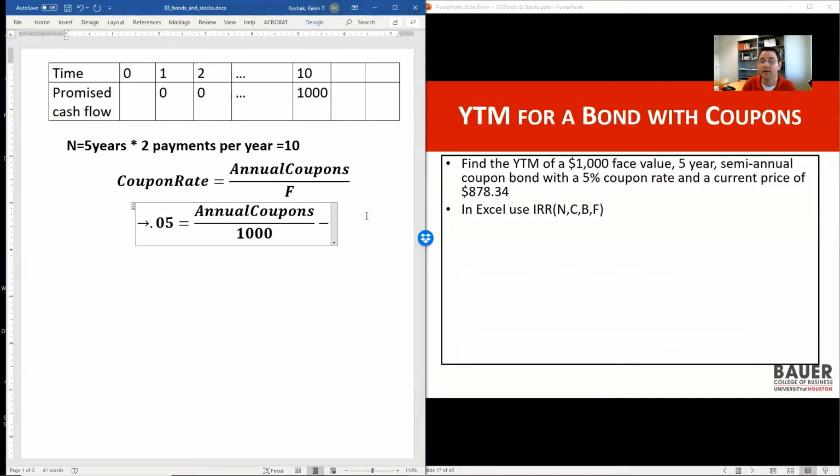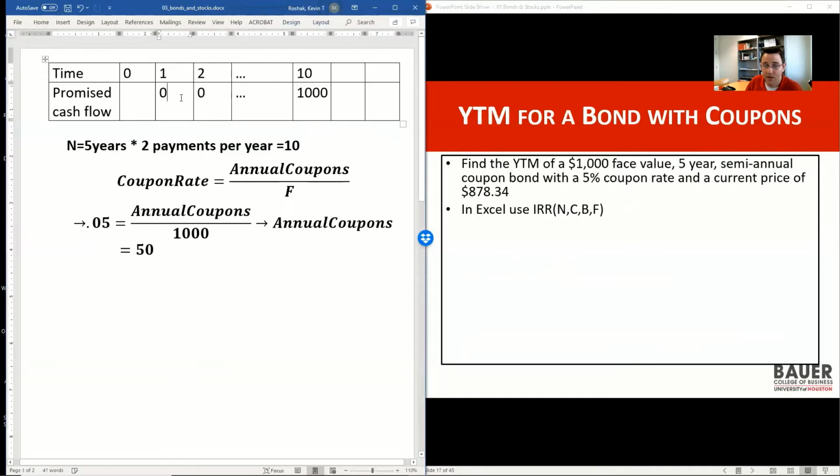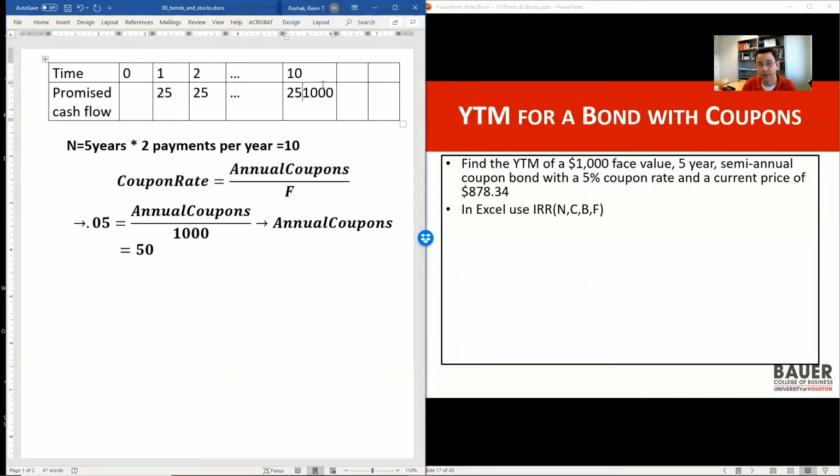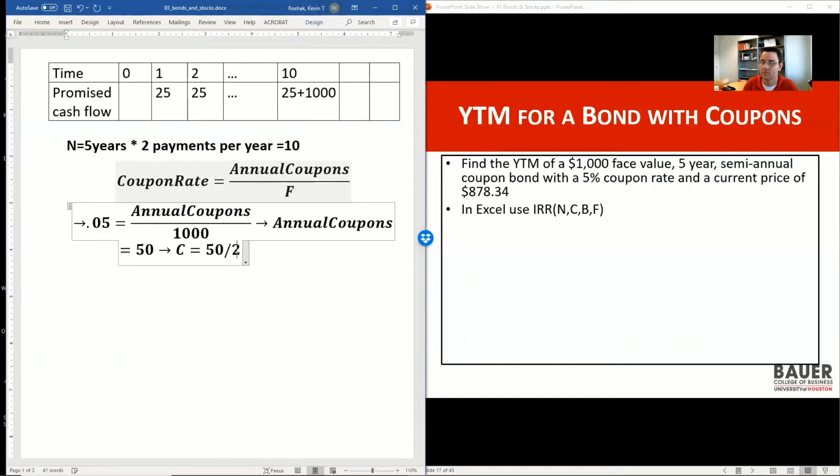Therefore, we're getting $50 in coupons every year. Now it's paid semi-annually, so how much are we getting paid every 6 months? We're getting 25. And then finally, at time 10, we're getting $25 plus the $1,000 face amount. So those are the cash flows.